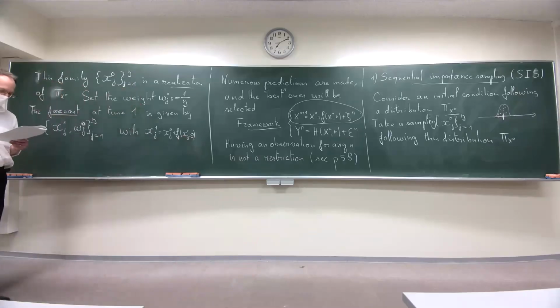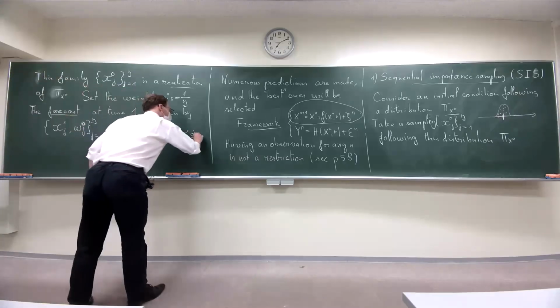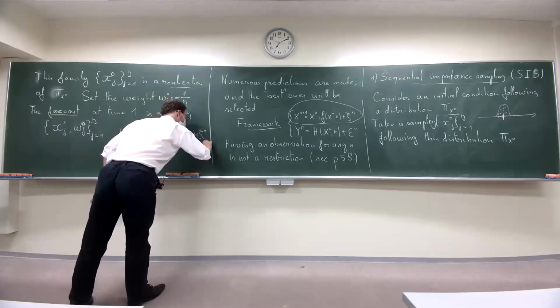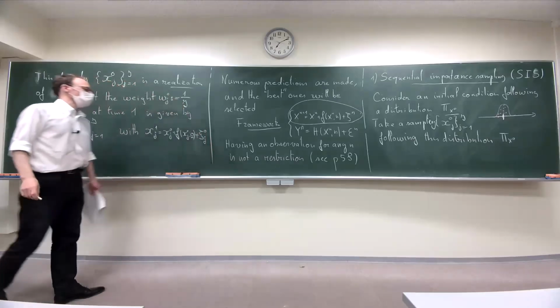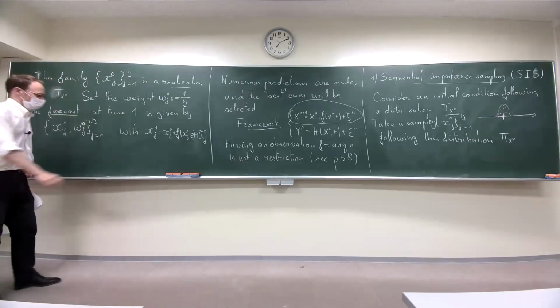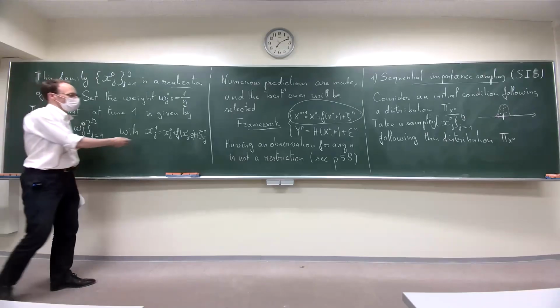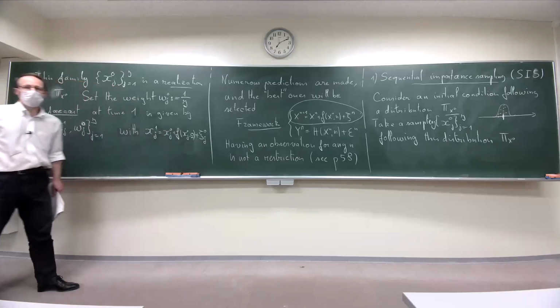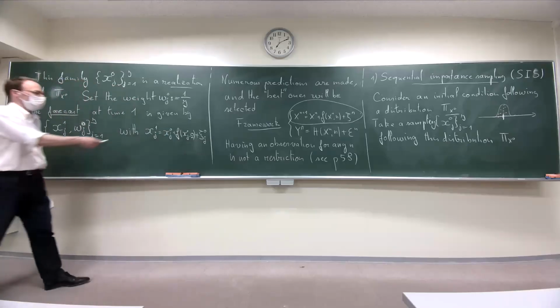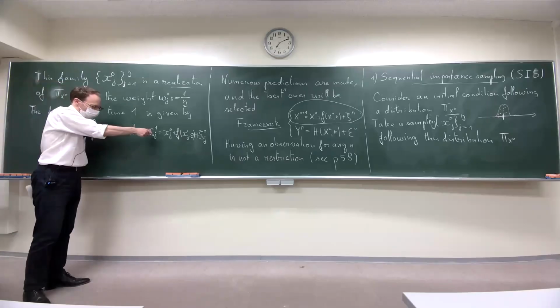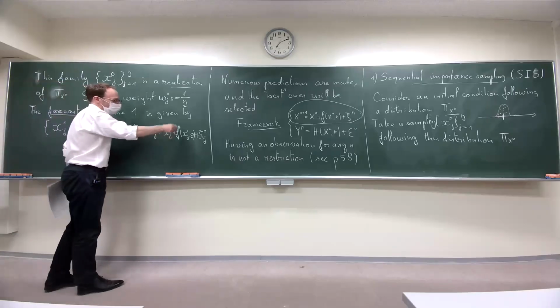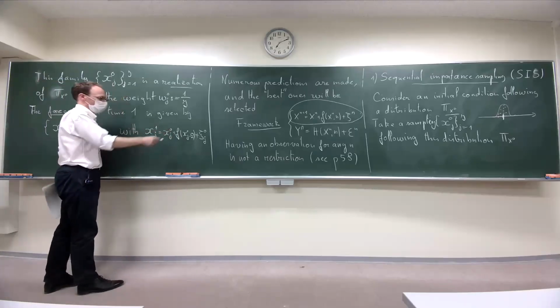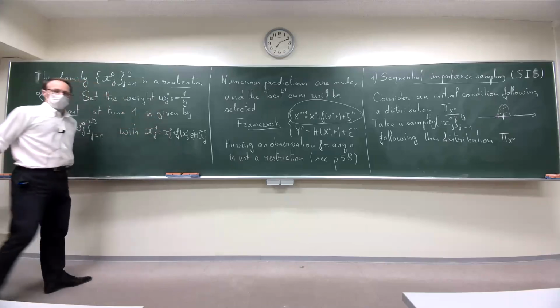It's a time 0 plus xi 0^j. So this is the evolution, and I take x1^j as the evolution of x0^j by this formula.